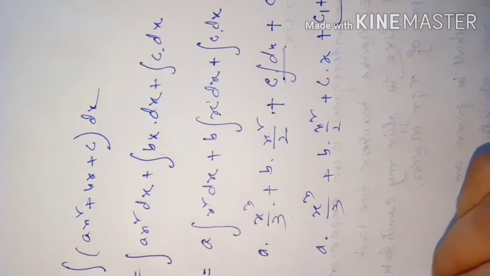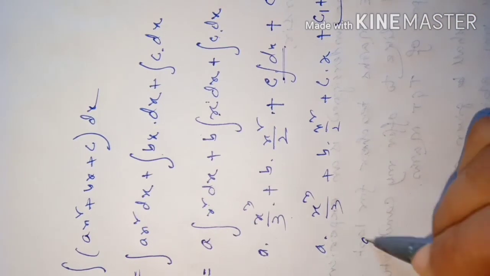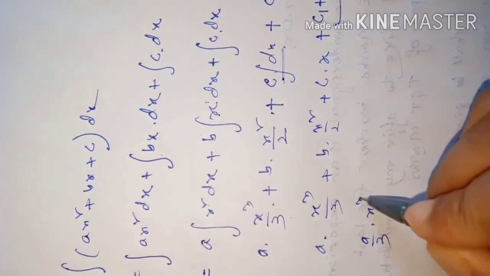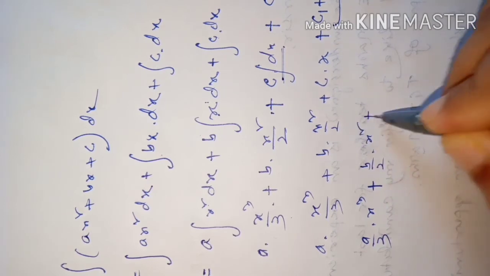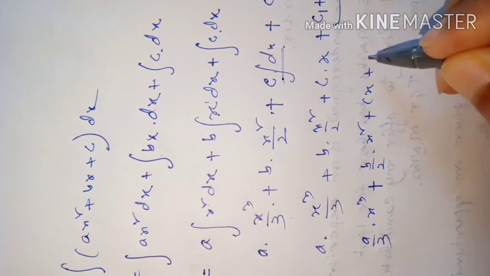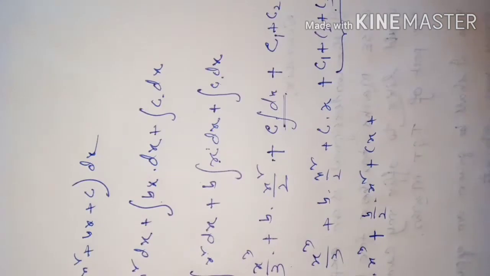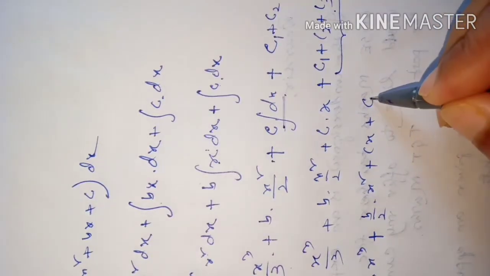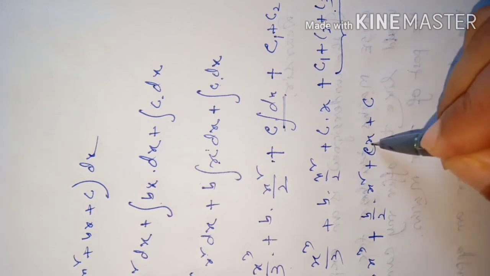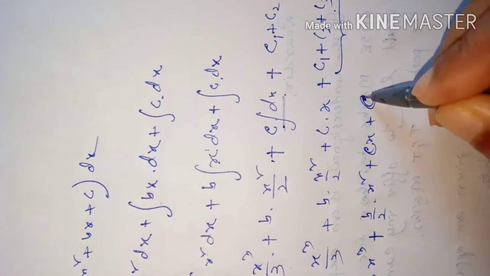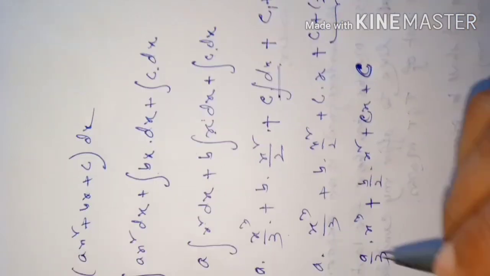So our whole expression will be a by 3 into x cube plus b by 2 into x square plus cx plus all these three constants together as a new constant, say capital C. This is small c and this is capital C.